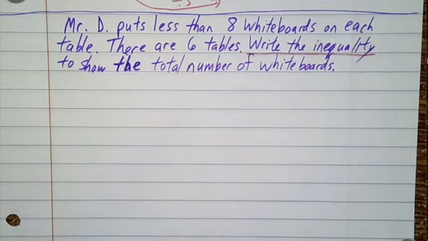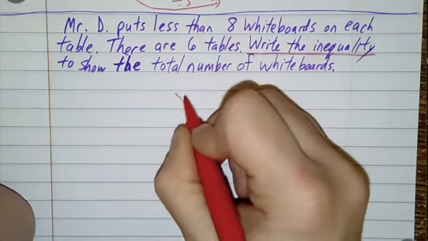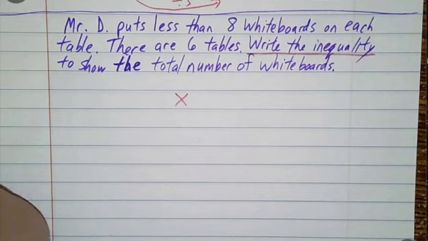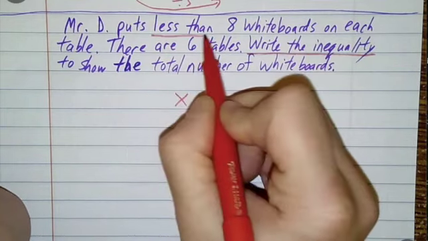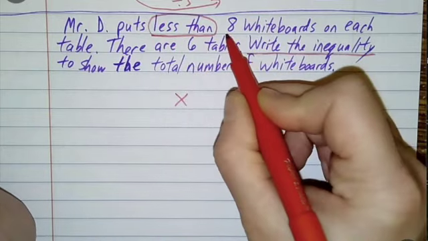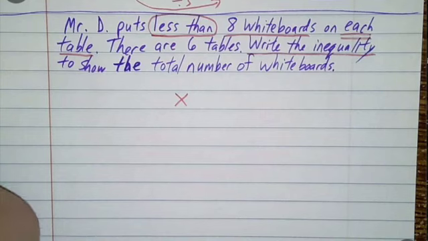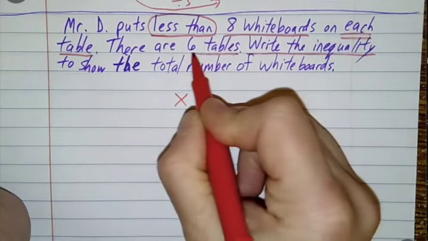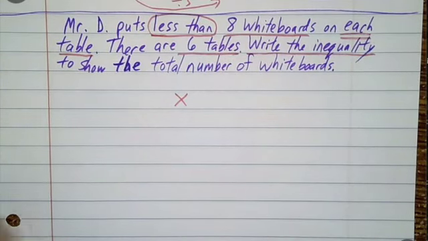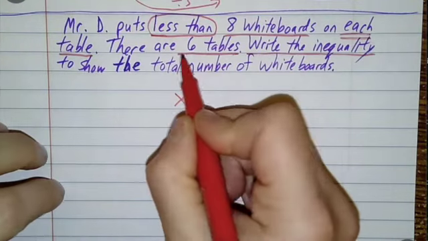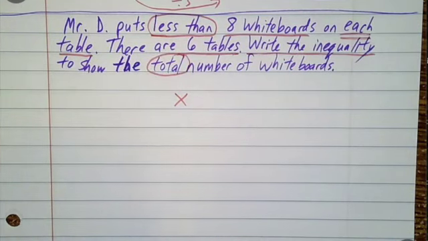Do they tell us what variable to use? No. So if we write the variable first, we know we're using x, if you want to use x again. What clues do we have? They put less than 8 whiteboards on each table. But how many tables are there? There are 6 tables. They want to know the total number of whiteboards.